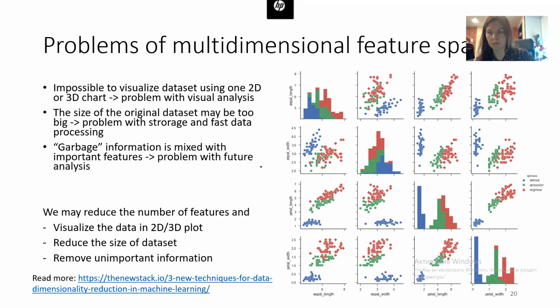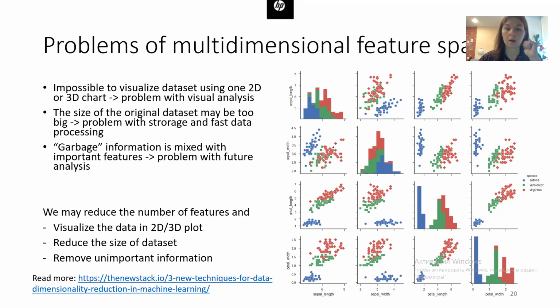Again, weight, sugar level, age, gender, and many others. And when we want to represent our data in some 3D or d-dimensional chart, we could not do it on one page. So we could not analyze distribution of our parameters and how they connect.